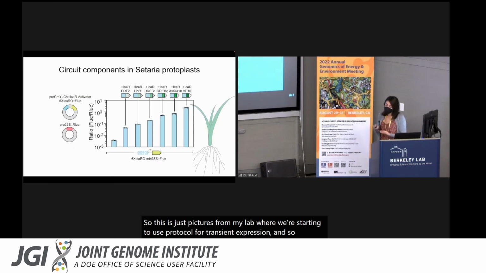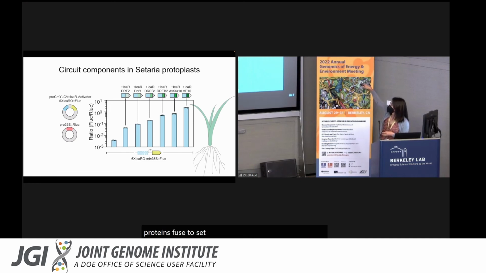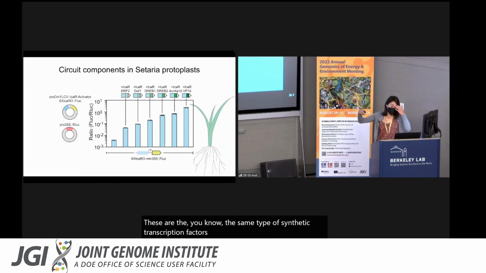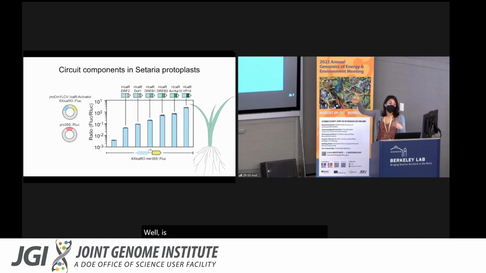And so far, we've been able to test one of our bacterial DNA binding proteins fused to several different synthetic activators. These are the same type of synthetic transcription factors that we've been using in Setaria. And what we found is actually that one of the synthetic transcription factor designs that worked really well in Arabidopsis is our weakest one when we move into Setaria.